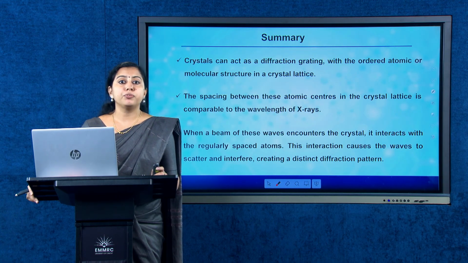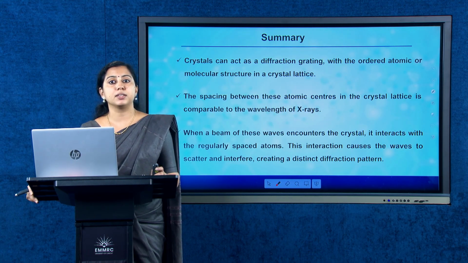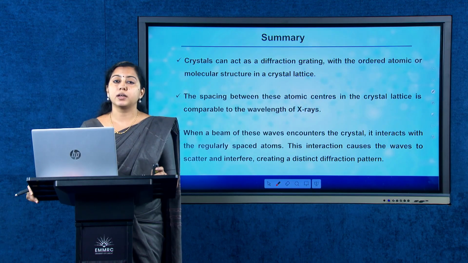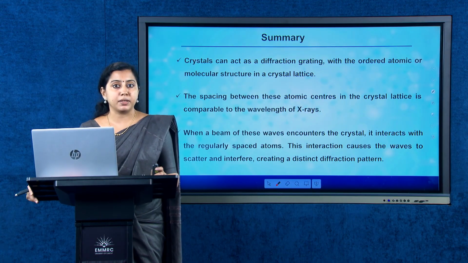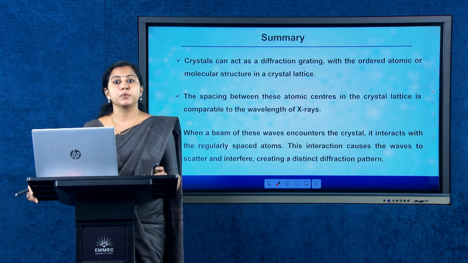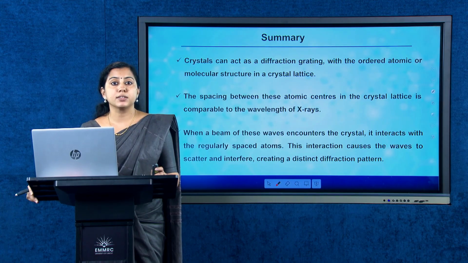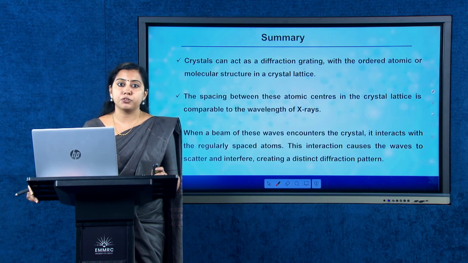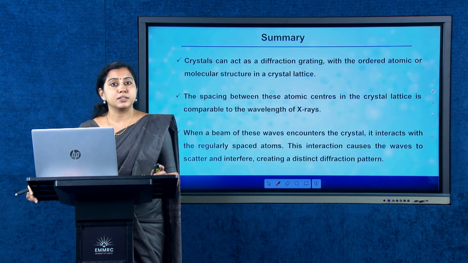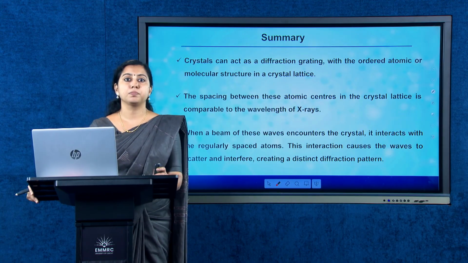When a beam of these waves strikes a crystal, it interacts with these regularly spaced lattice planes or atoms. This interaction causes the waves to scatter and interfere, thereby creating a distinct diffraction pattern.